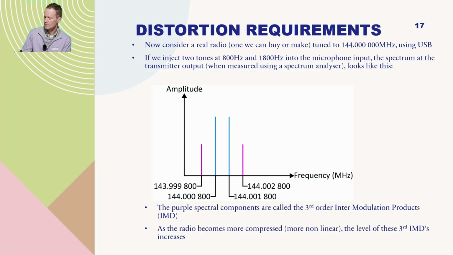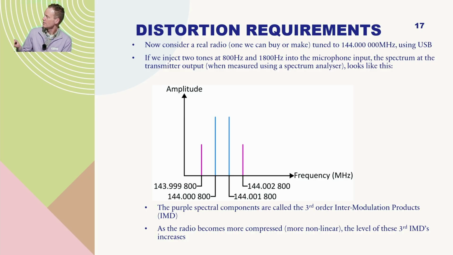You can see our blue signals here are the wanted 2 tones. You can also see distortion products here. They're the purple ones that are called third order intermodulation products. They're the ones that will start to cause interference in adjacent channels of your transmitter.